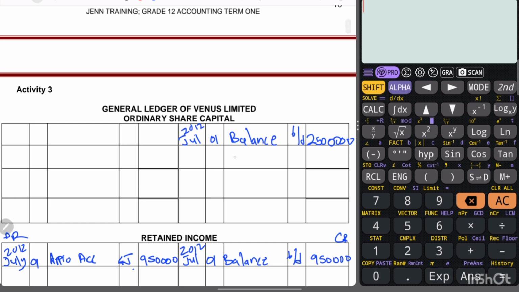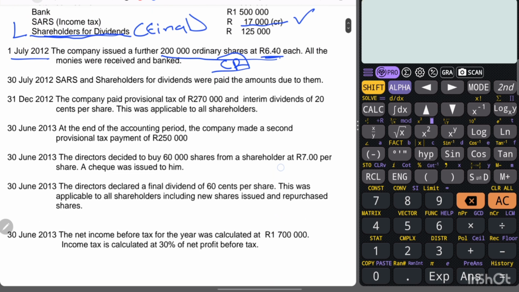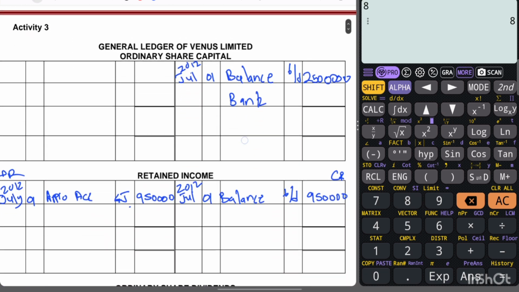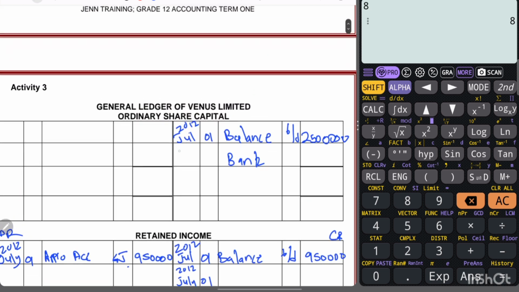We are issuing shares. Obviously, the money will go to the bank. When were these shares issued? The shares were issued on 1 July 2012. Oh, I'm sorry. It's going to be July 01. Obviously, it's going to be CRJ. We are going to receive money. Then how much now?